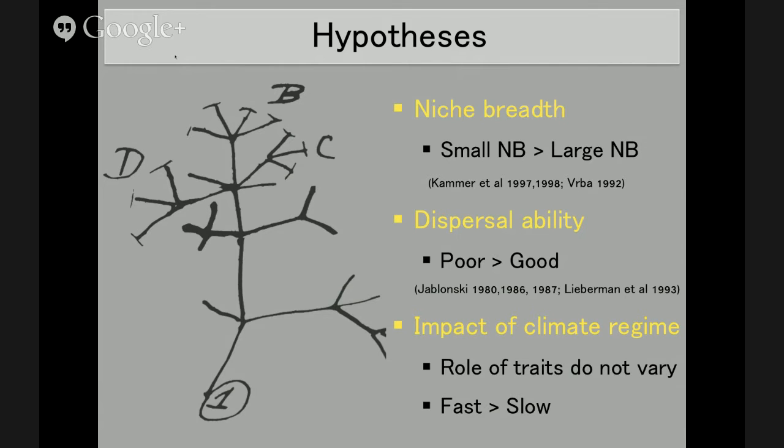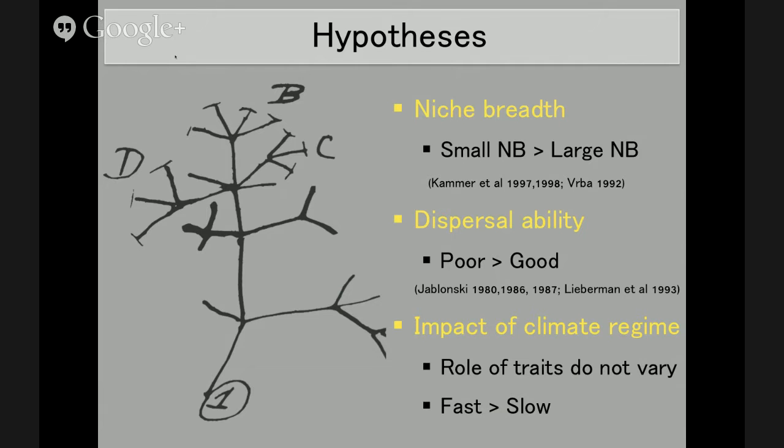Conversely, species with large niche breadths would have populations that were less easily isolated from each other, would be more likely to survive climatic changes and have suitable habitat that persists throughout all of the environmental changes, and this would dampen speciation and extinction potential.